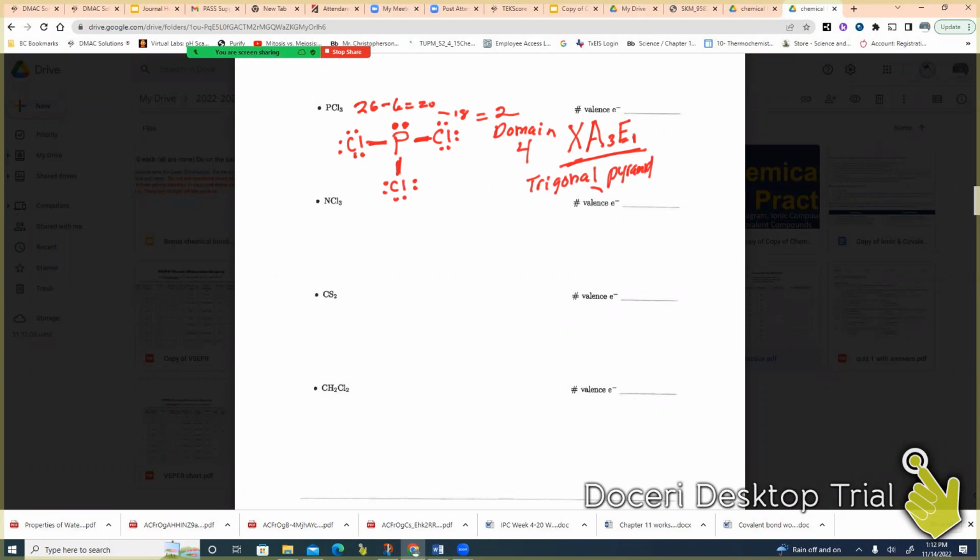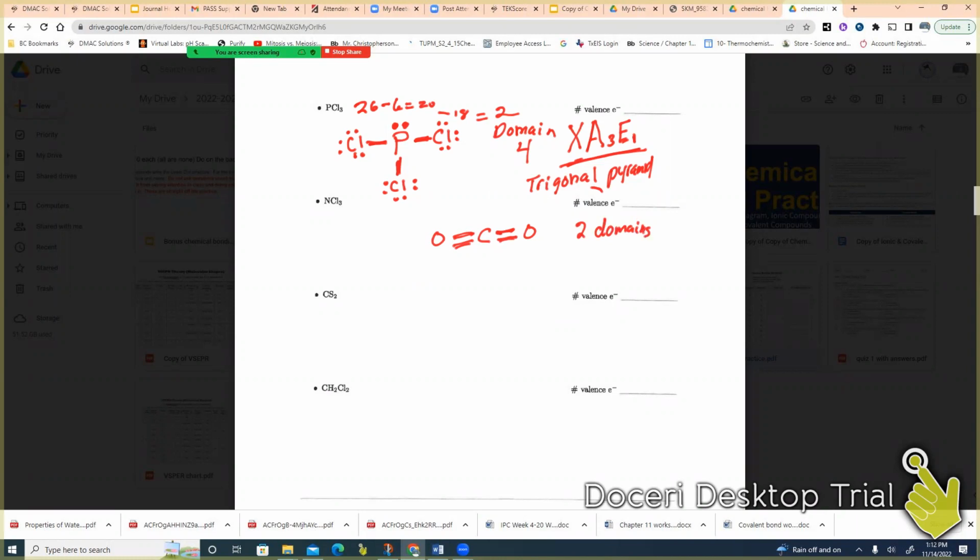So you look for the domains, you look at how many things are bound to the central atom. And a bond counts the same as an electron pair. So like if I just had, let's say that this would be an example. I think this is CO2. Okay, so there, that carbon, and I'm always worried about the central one, it has 2 double bonds, so that would just be 2 domains.